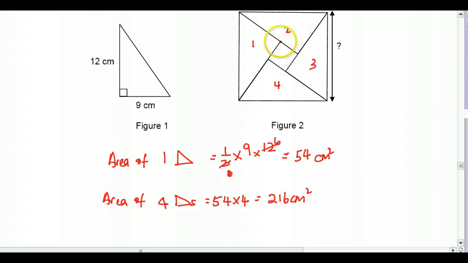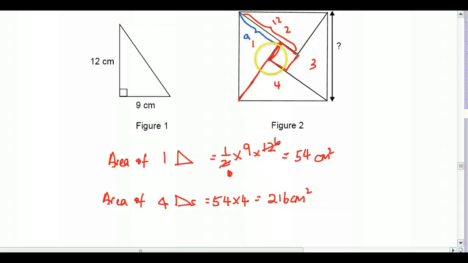Now let's look at this small square. From the figure, I know this part here is 12. This part here is also 12. This is my height, right? So my breadth is 9, right?